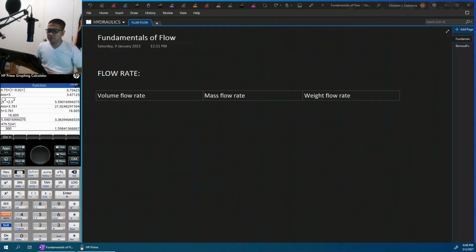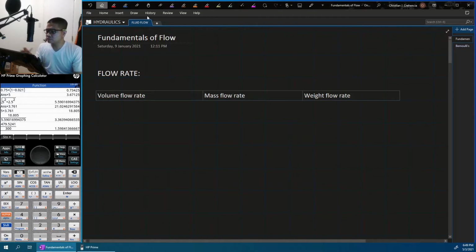So when we say flow rate, it can be the volume flow rate, mass flow rate, and weight flow rate. So yung pinaka-common na flow rate is yung volume flow rate. And ang symbol natin dito is yung Q. Okay? Or ito tinatawag nating discharge.